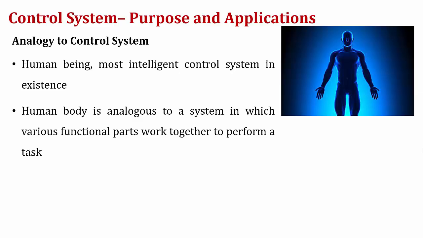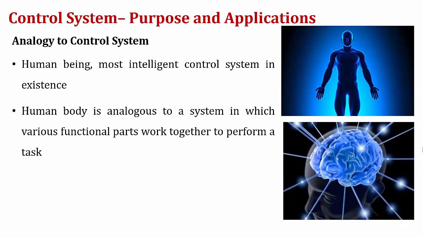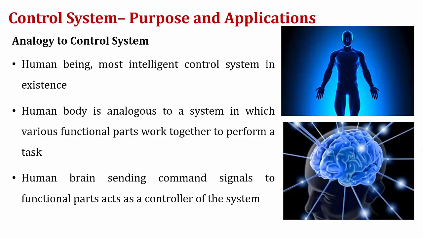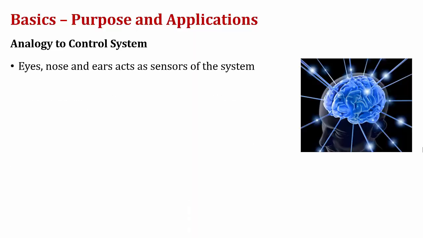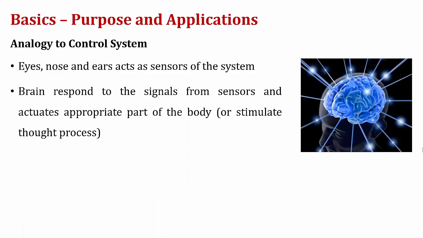There are various parts which are driven by the brain. The brain is the masterpiece here, which commands each and every part with the help of signals. It acts as a controller here. The ear, nose, and eyes are the sensors which collect the data and give it to the brain, and the brain executes the process, and whenever necessary, it actuates various parts in order to get a desired output.